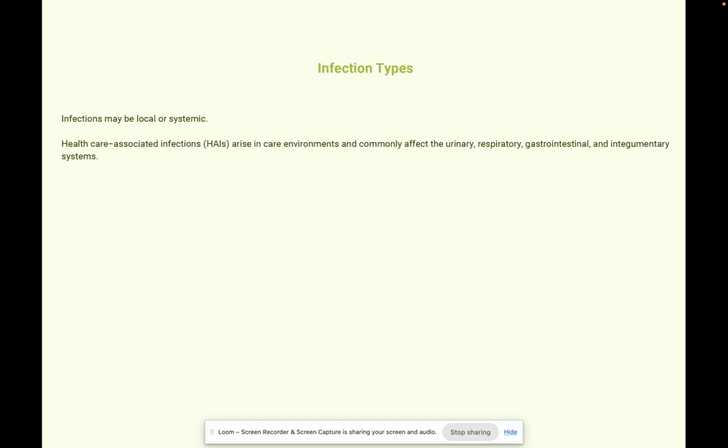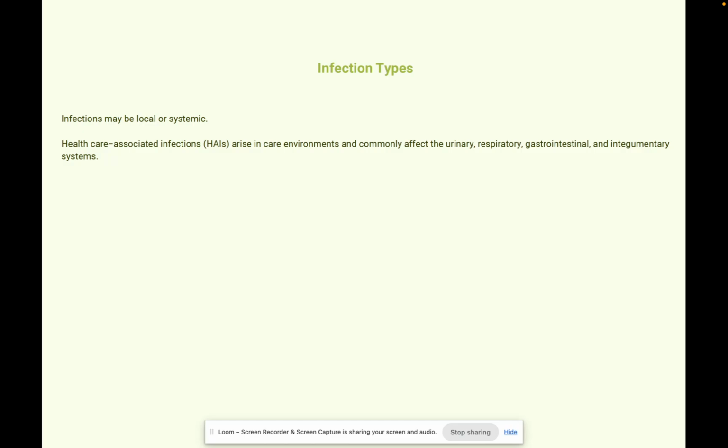So we have infection types. It could be local or systemic. When we talk about local, for example, if you have a wound on your left arm and it's starting to get pus, foul odor, and smelly, that is considered a local infection, right? But if it's systemic, that means it's already in your blood. The infection might already have spread in your body system.